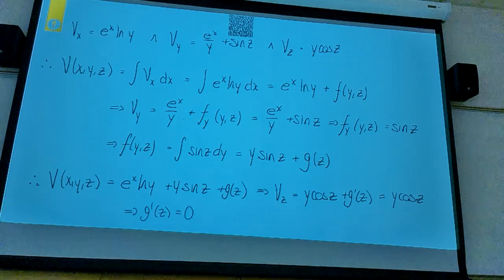Does that mean that g prime is 0? Which makes g what? Just 0? Sorry. So if g prime is 0, what is g? Just some constant, right? You may have been saying C, I'm just mistaken.